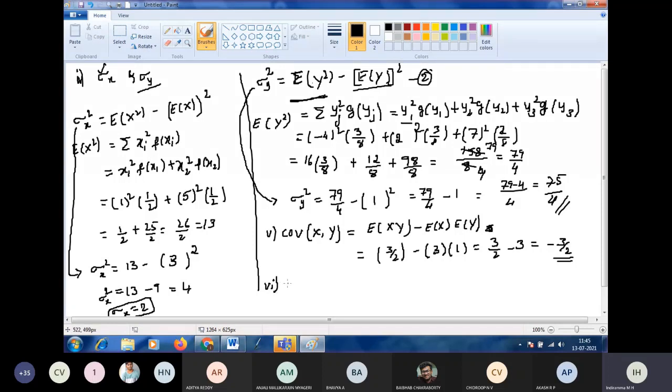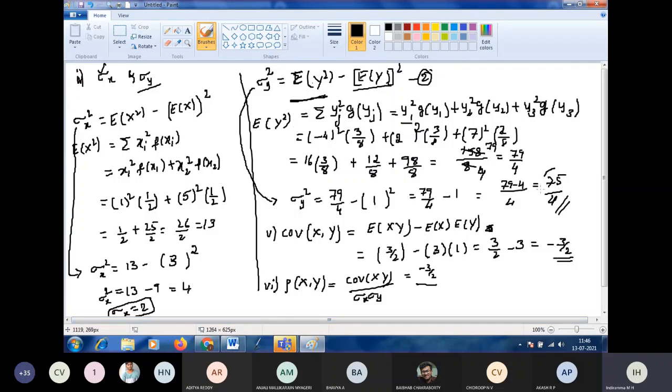What is the sixth one? Correlation of xy. In the regression line, the coefficient of correlation r we found. This is the correlation coefficient, which is equal to covariance of xy divided by sigma x into sigma y. So covariance of xy is minus 3 by 2 divided by, here I didn't take square root, right?